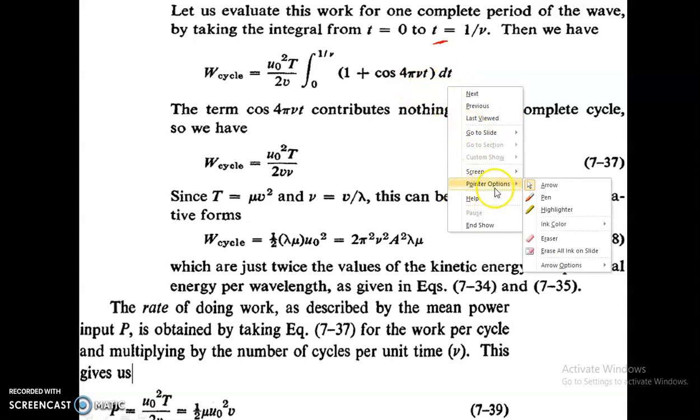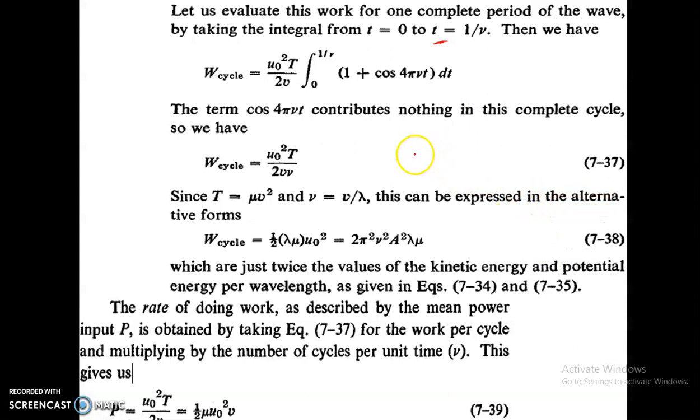Now this integration we have performed several times. This contributes only 1 by 2 integral dt, making it t, from 0 to 1 by ν, making it 1 by ν. So u0 square T by 2v, this term is here.